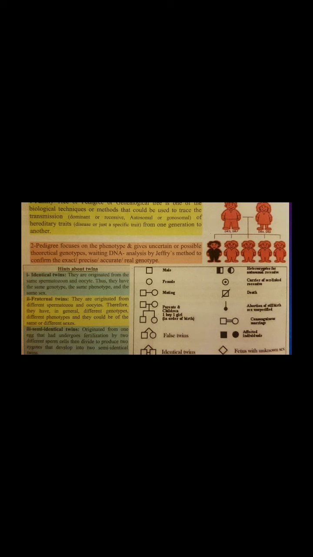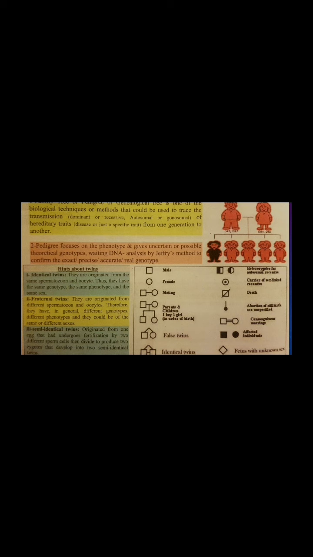A hint about twins. First of all, let me remind you about the symbols. Square is a male, circle is a female, a square bound to a circle is mating, marriage. I have the parents and children, one boy, one girl. Fraternal twin, identical twin.